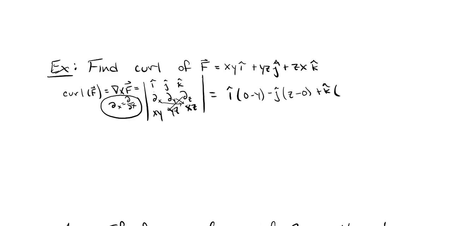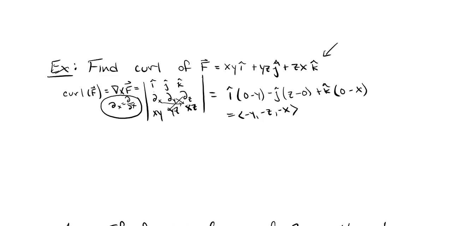Finish up in the k direction. It looks like in the k direction I get partial with respect to x of yz, 0, minus partial with respect to y of xy, which is x. So the vector we get at the end of the day is this vector.